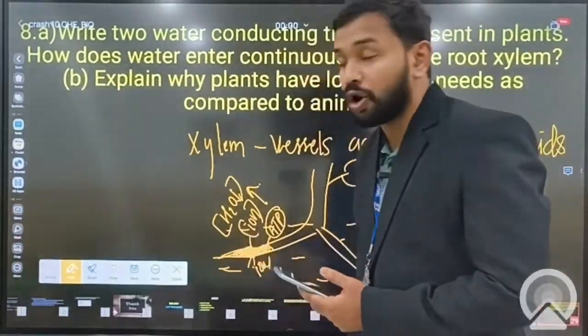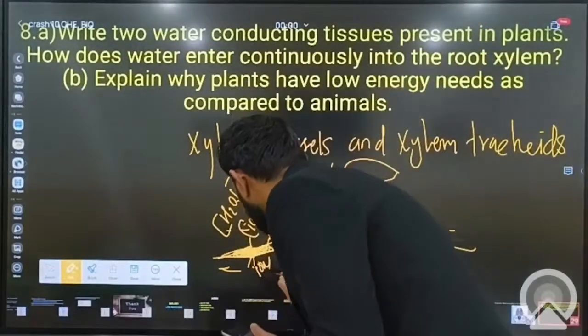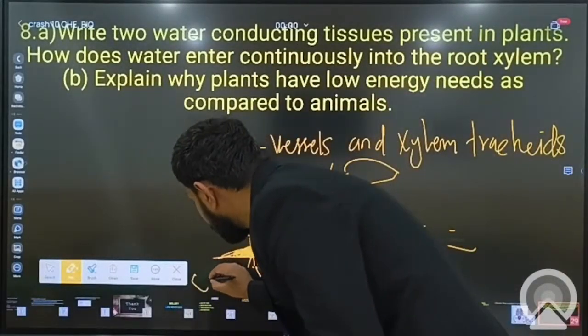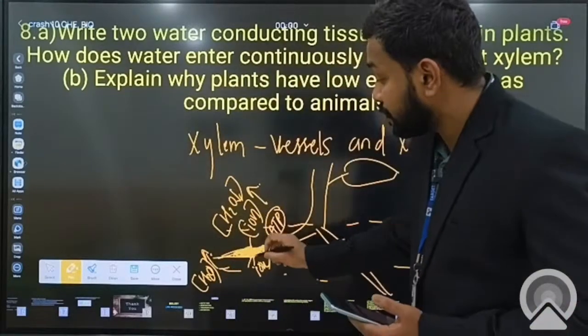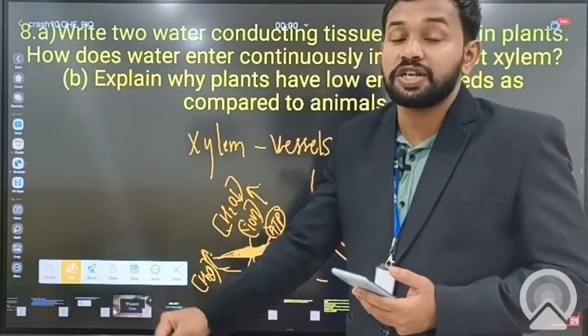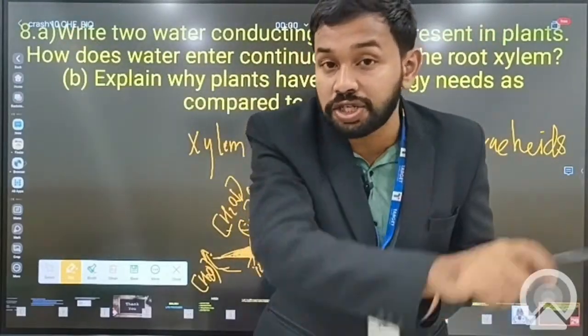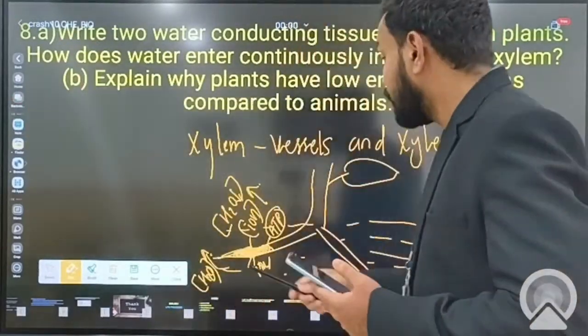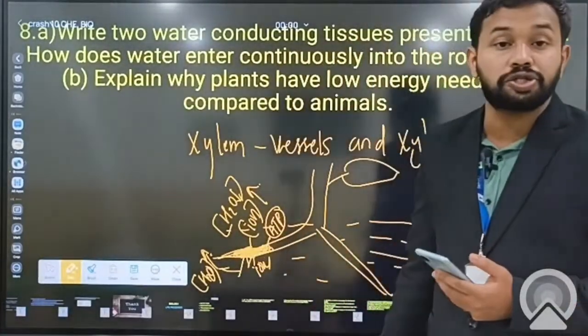As compared to soil, the water molecule concentration is very low. In soil, the concentration of water molecules is very high. Then, according to osmosis, water moves from higher concentration to lower concentration through a semi-permeable membrane. Here water is moving from soil to root.